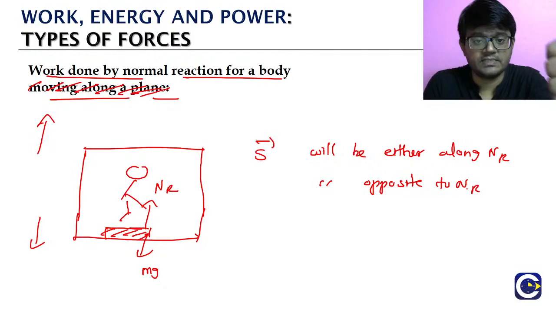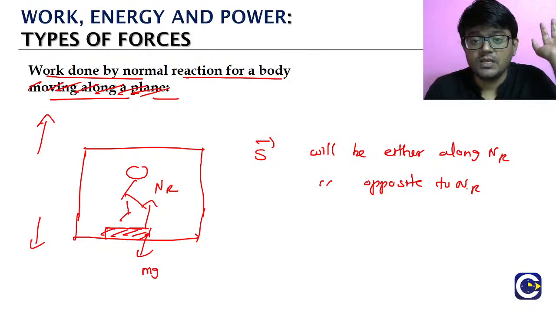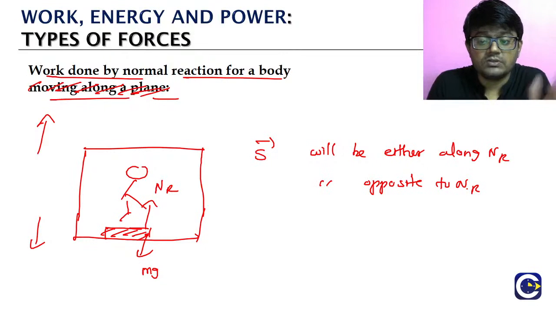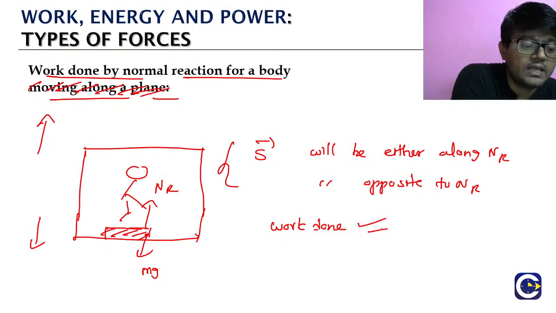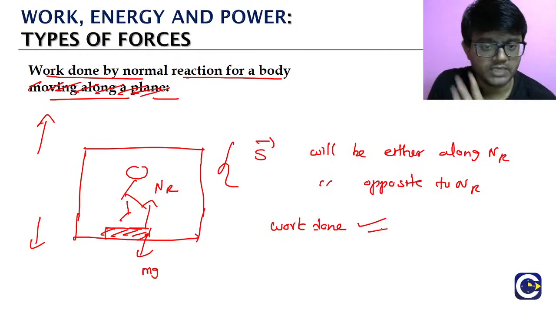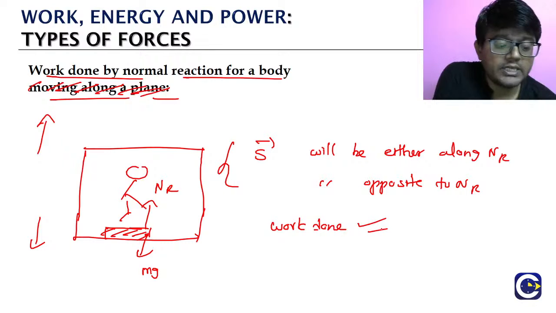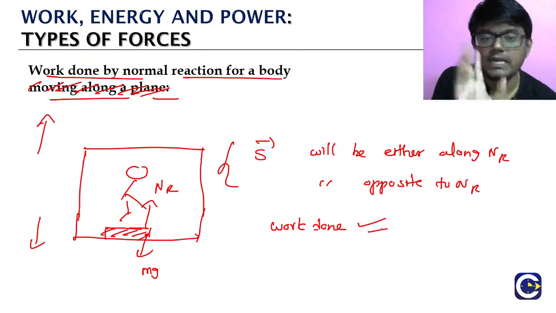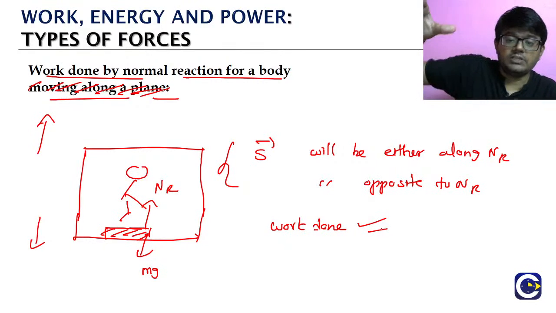Normal reaction is upwards. If the lift is moving up, the displacement is also in the same direction. If the lift is moving down, the directions are opposite. But definitely there will be some work done. So work done by the normal reaction we cannot say is zero in all cases. When will it be zero? When the body that you are studying is moving along the contact plane, like an object moving on a horizontal surface or a block moving along the inclined plane.